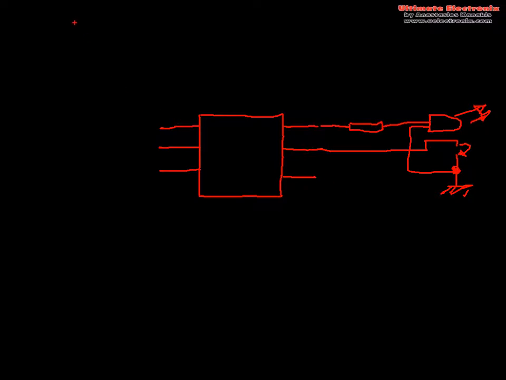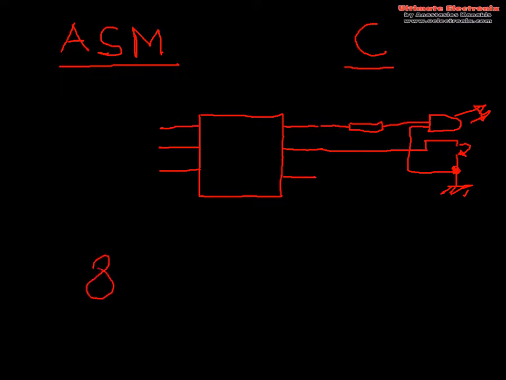We can write it in assembly, ASM, or we can write it in the C language. We will start by learning assembly first, and then we will learn C. We will learn, as I say, 8-bit microcontrollers first, and we will start from the Atmel AVR family.